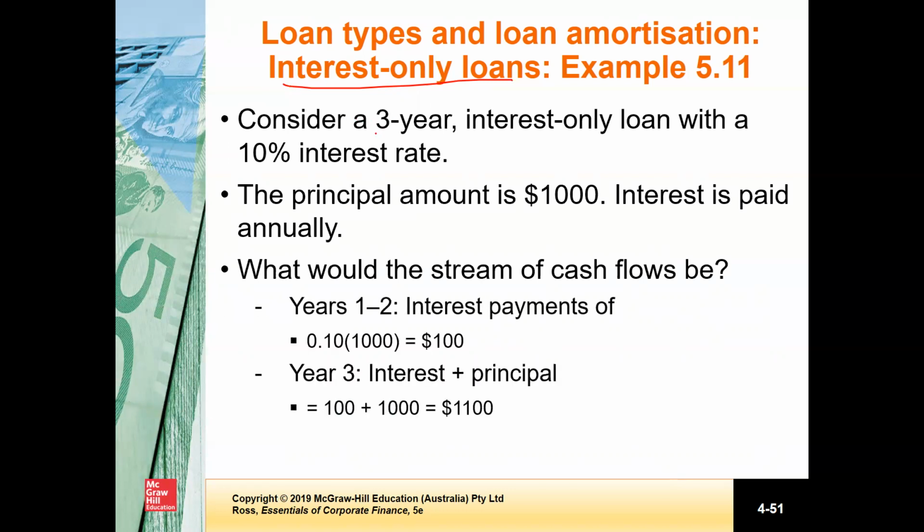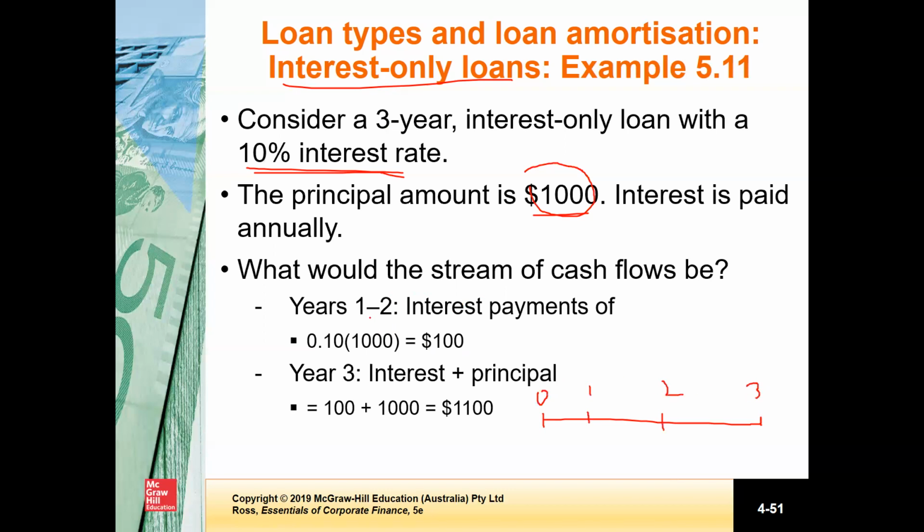So look at a 3-year interest-only loan with a 10% interest rate, and principal amount is 1,000. Since it's an interest-only loan, this principal will be paid at the maturity and the interest will be paid annually. So let me draw the timeline: 0, 1, 2, and 3.